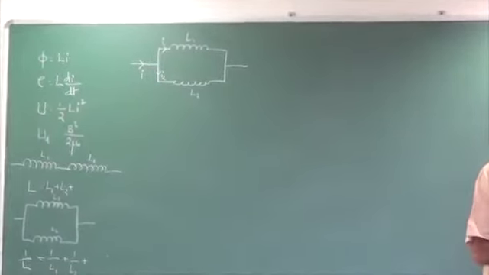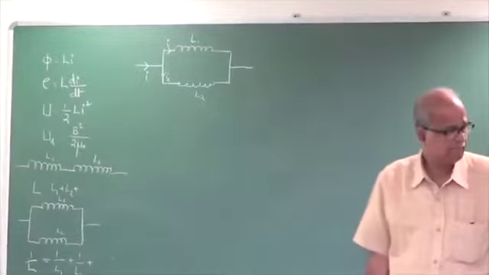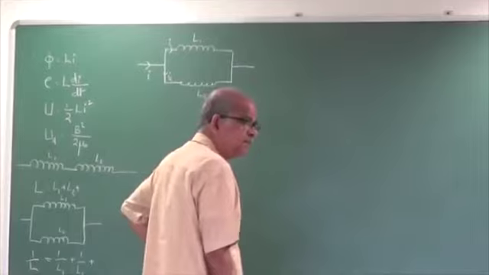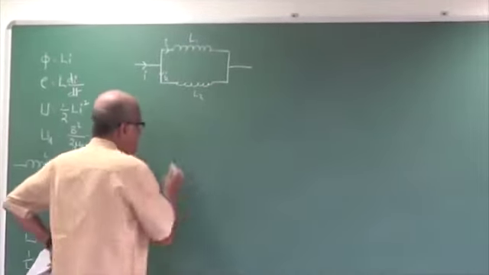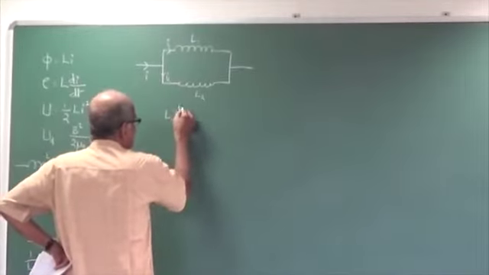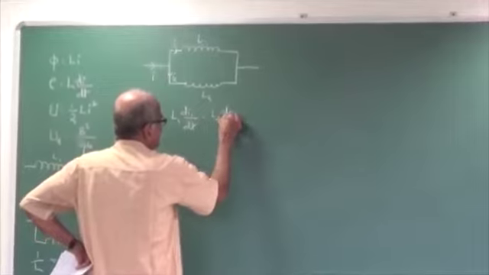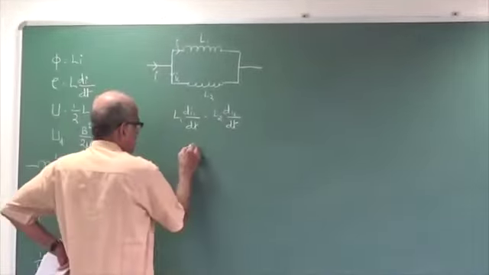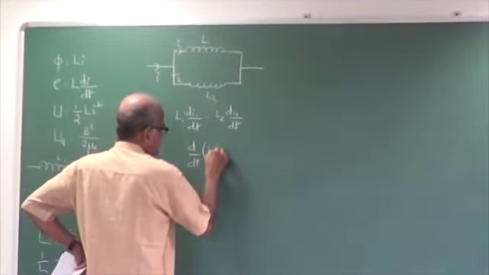Say the total potential drop across that is I into the effective inductance, L1 L2 by L1 plus L2. That is the same across both the branches. So L1 dI1/dt should be equal to that, and L2 dI2/dt equal. Another way of putting it: because they are in parallel, can you not put it like this? After all, L1 and L2 are constants.